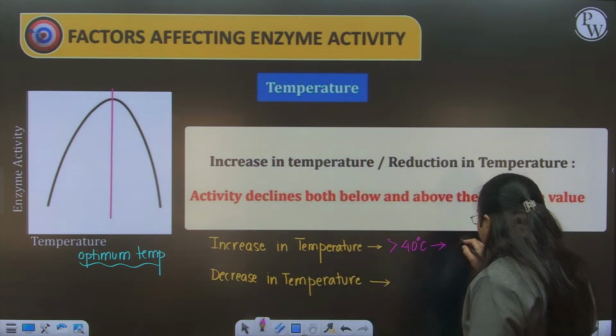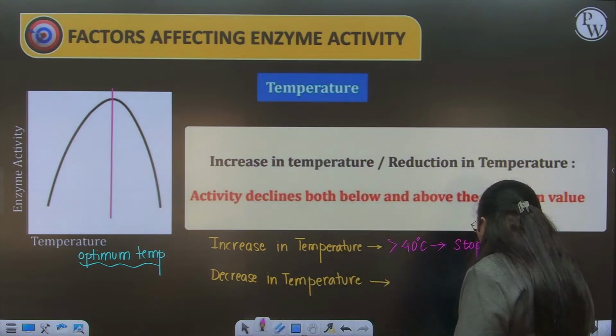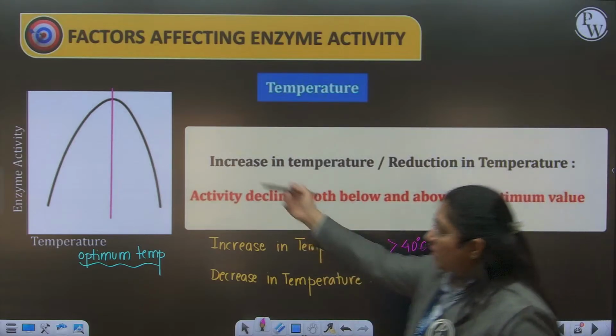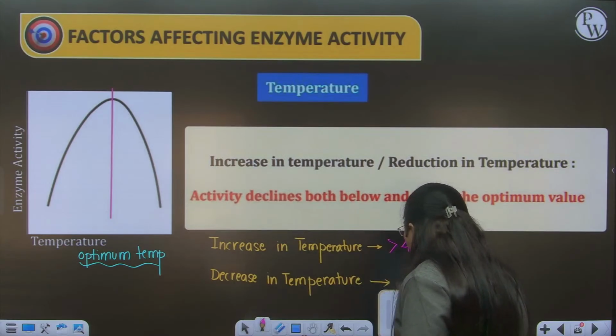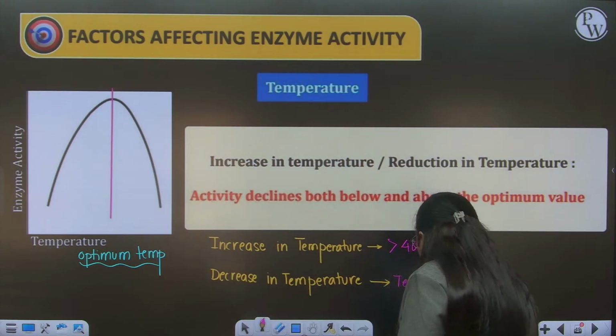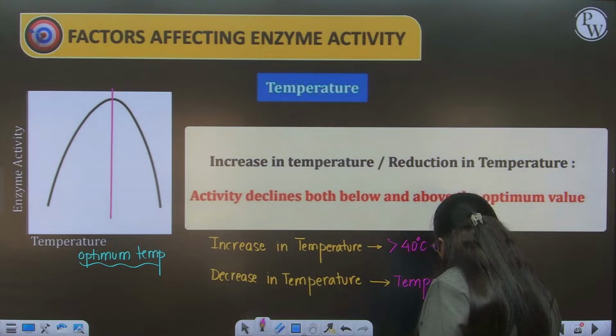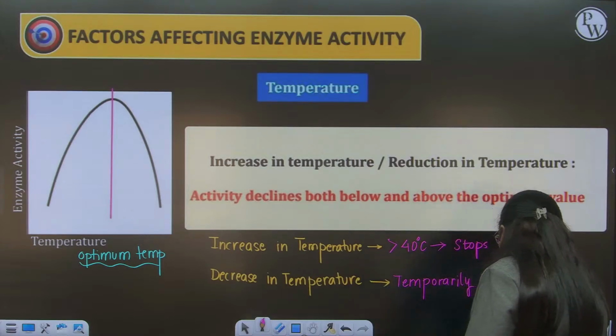So the enzyme activity stops above 40 degrees Celsius. If we are reducing the temperature, again the enzyme activity reduces and the enzyme becomes temporarily inactive.